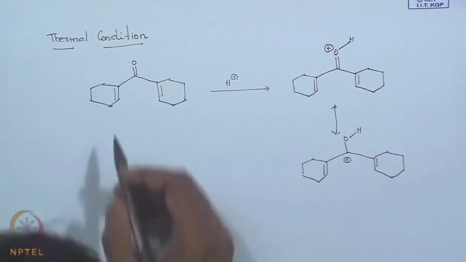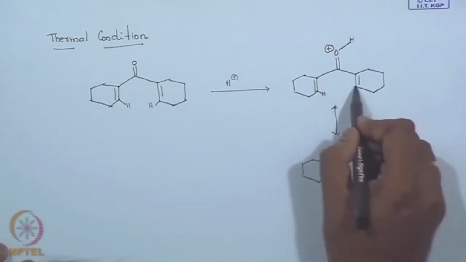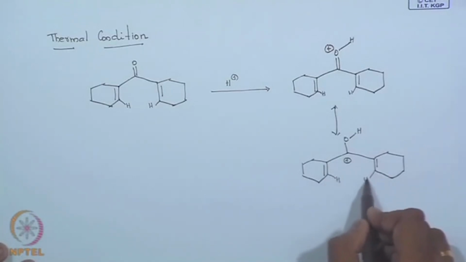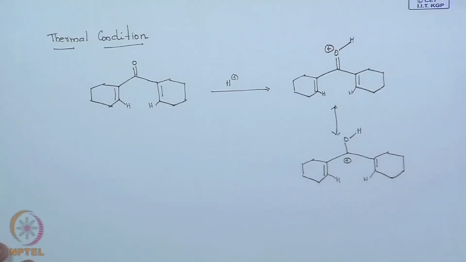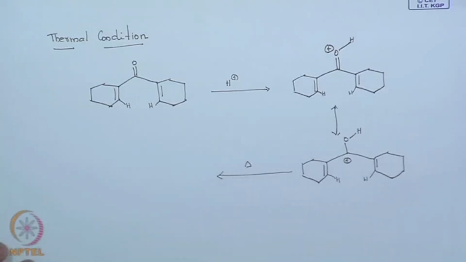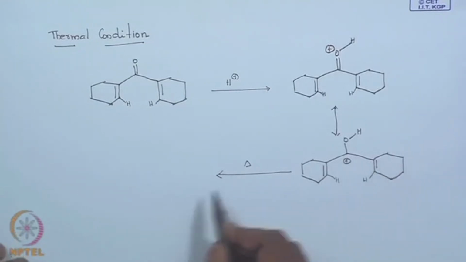Now, the important part is this: you bring your hydrogen now, which is going to decide the rotation in your electrocyclic reaction. Now, what happens? You are heating, and you know that it is a 4n system.